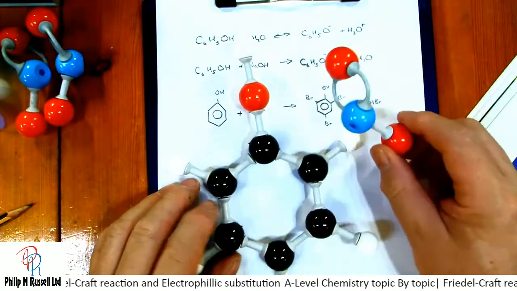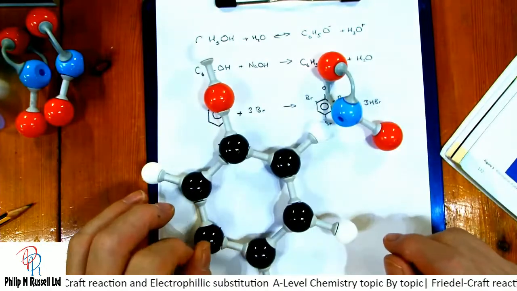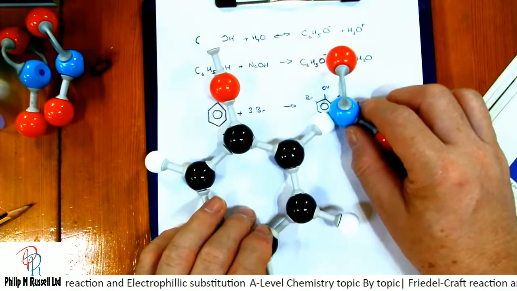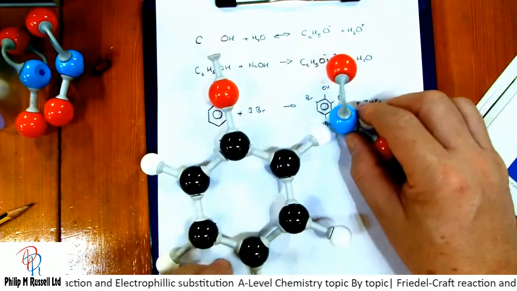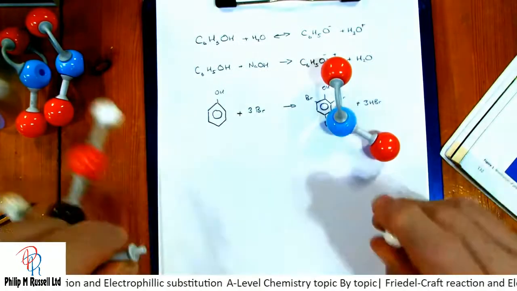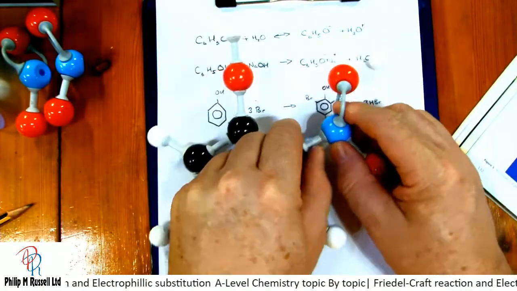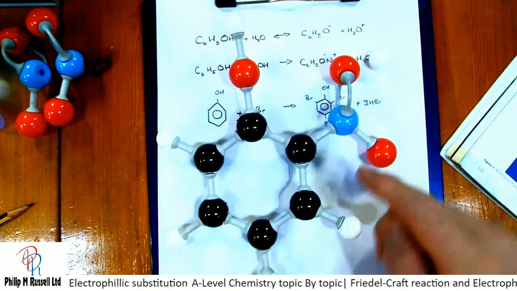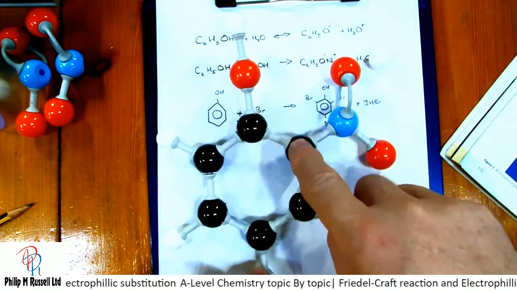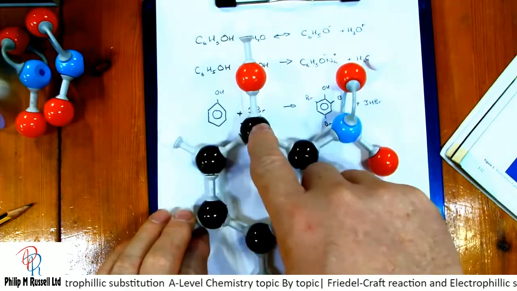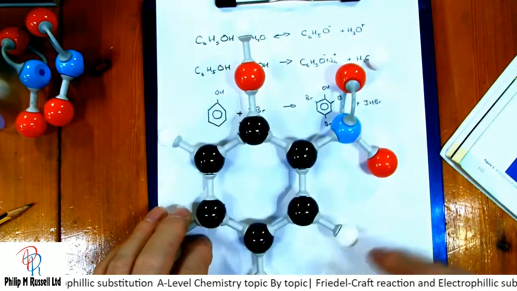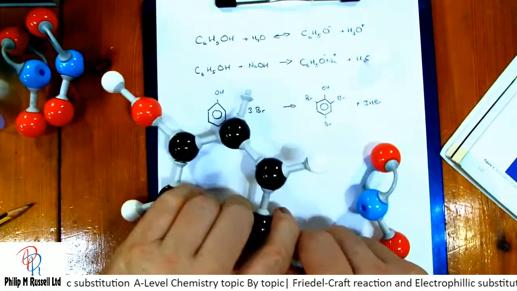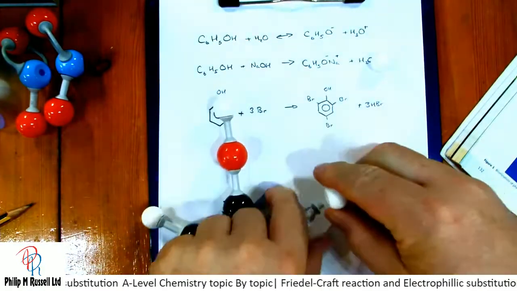So let's just take this, and it's going to form basically a mixture of either it's going to go in at the 2 position here, and this is going to give us 2 nitrophenol, or it will quite happily go in at position 4.